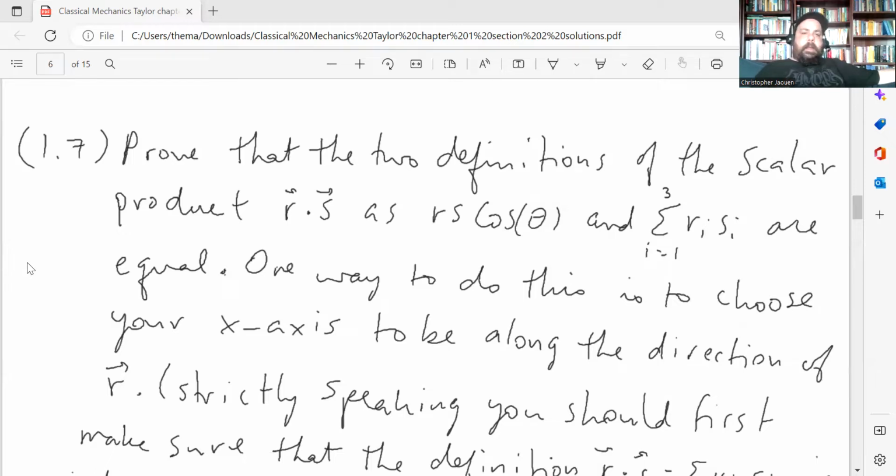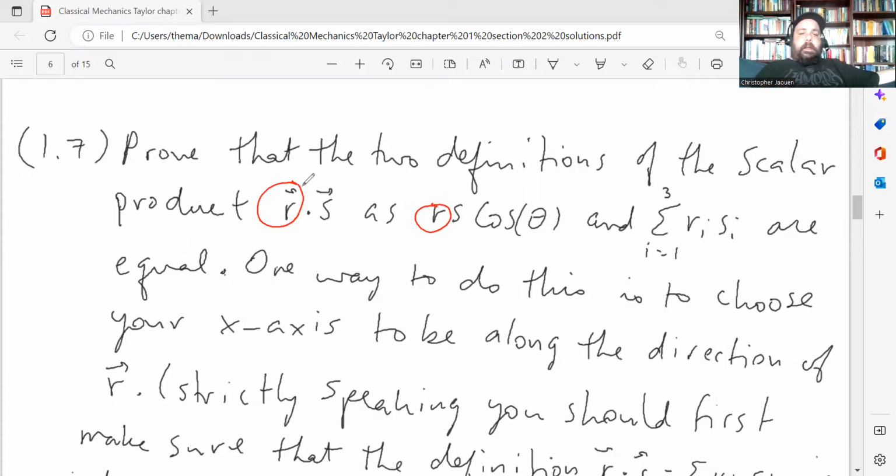Again, just a note on notation in this book before we get started. In the book, Taylor uses a different notation than we usually use in vector calculus for the magnitude or the length of a vector.